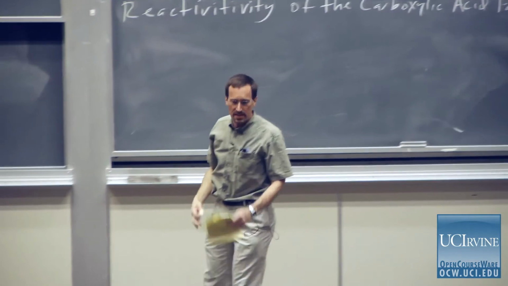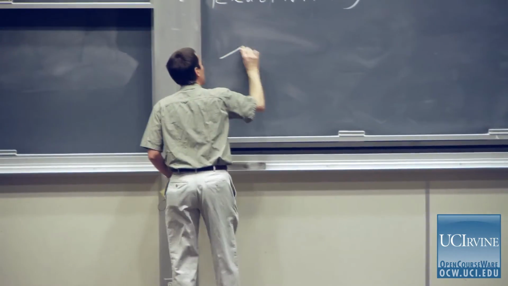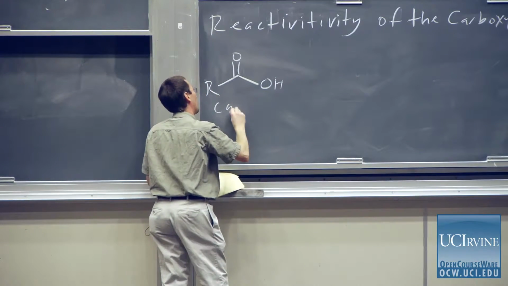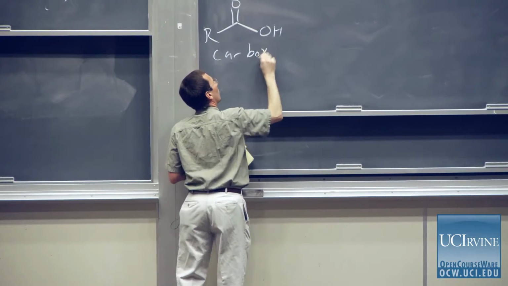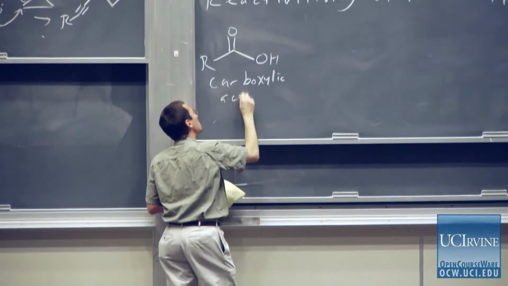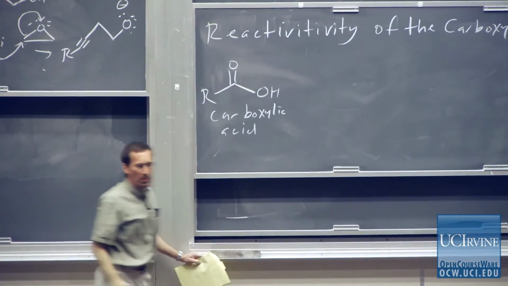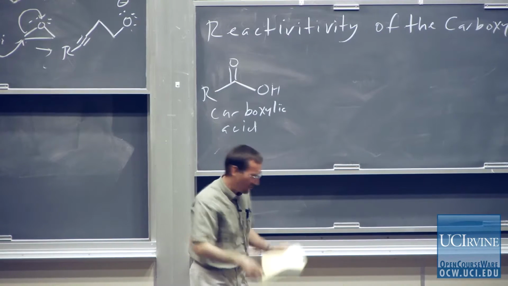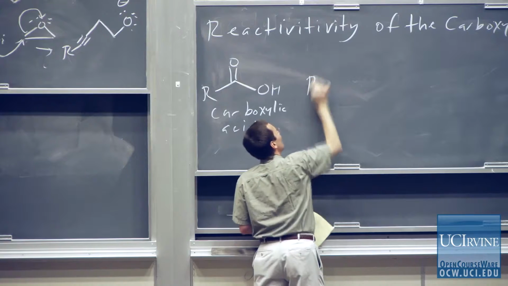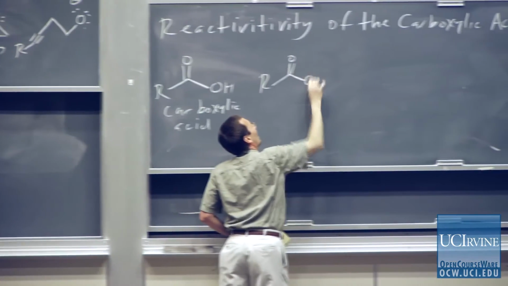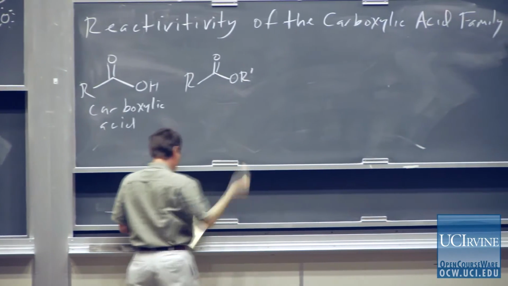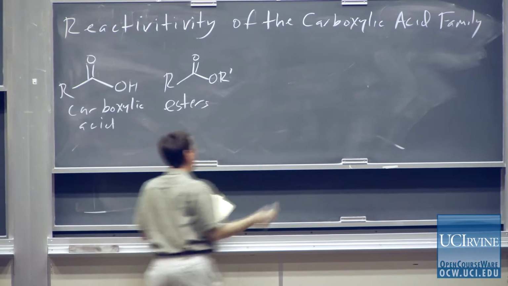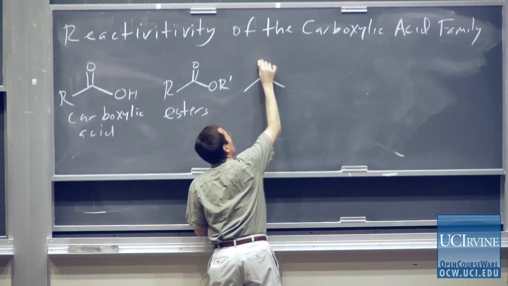To put this into context, I mean carboxylic acids and essentially all compounds in which we have carbon in the +3 oxidation state. I will get to the several questions in just a moment. Esters are another member of this family. Acid chlorides.